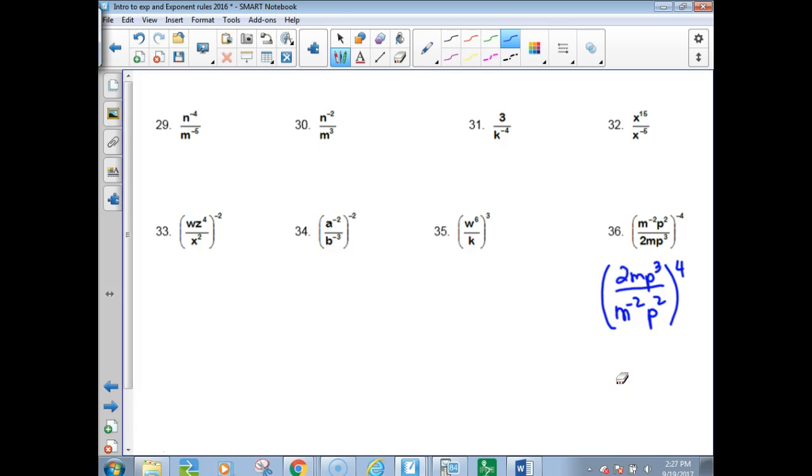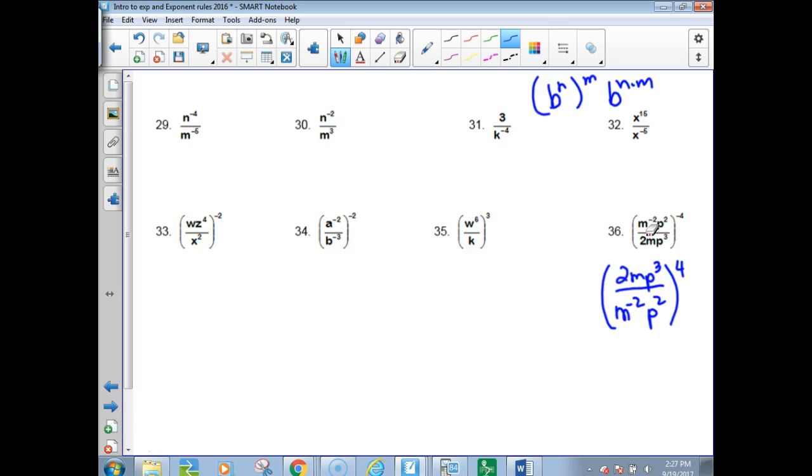Now, there's a rule that we just discussed: b to the n, to the m power, is b to the n times m. So I'm going to apply the power of 4 to every single piece in here.